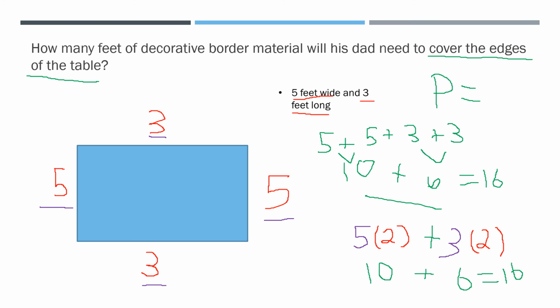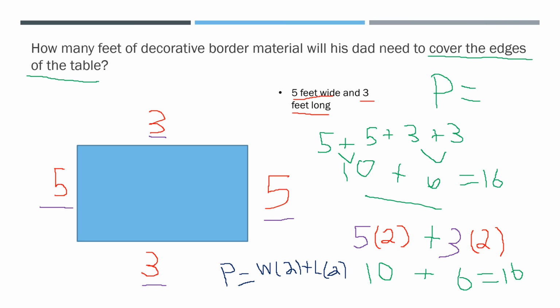If you wanted to write out what this perimeter formula would look like, it would be perimeter equals the width times 2 plus the length times 2.